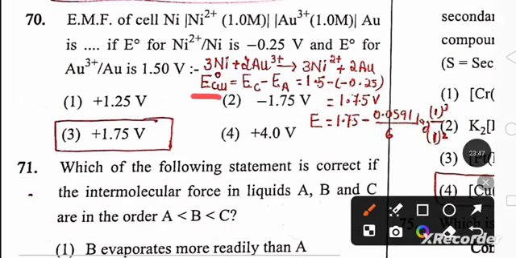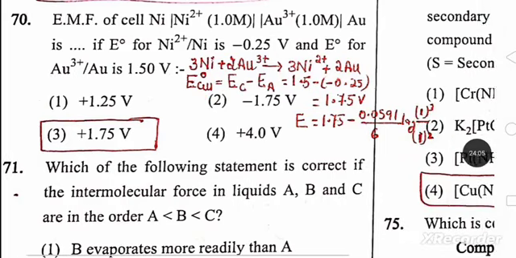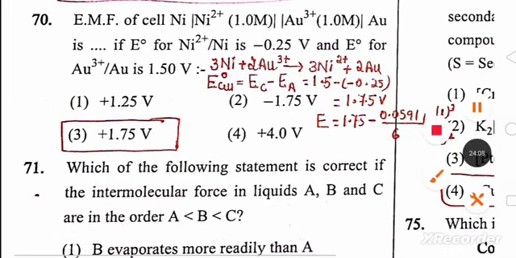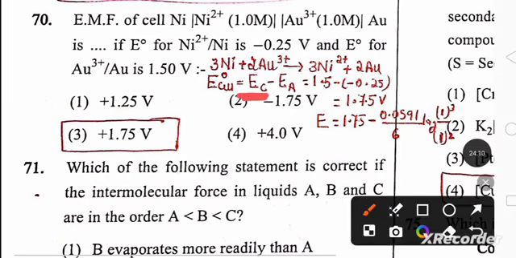Standard electrode potential is equal to the electrode potential of cathode minus the electrode potential of anode. So at the cathode, cations will migrate and undergo reduction. So here at the cathode, the electrode potential is 1.5.